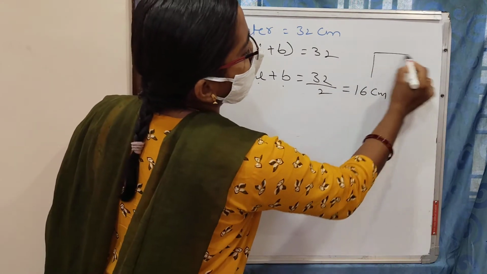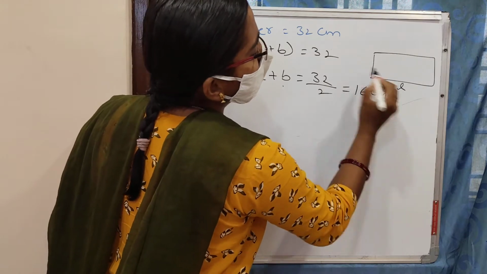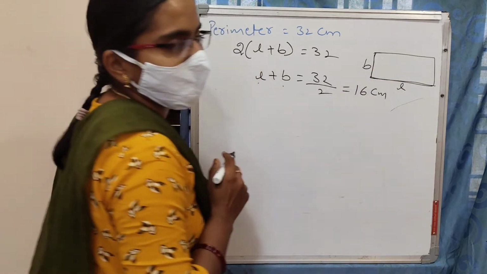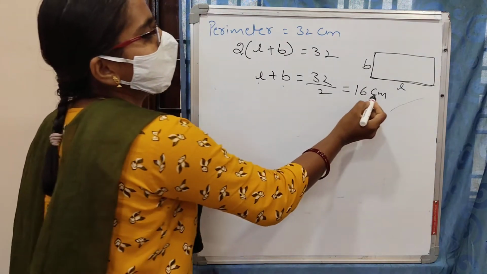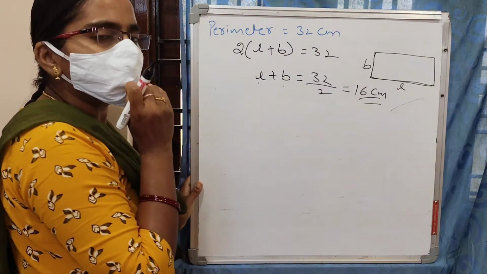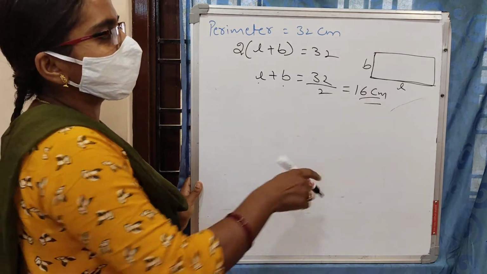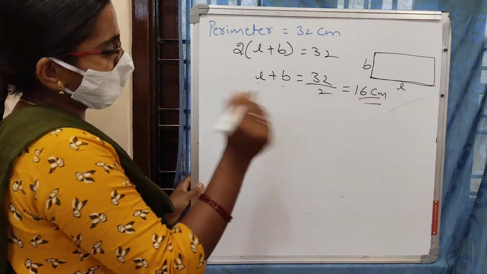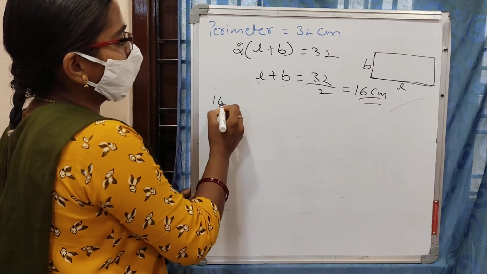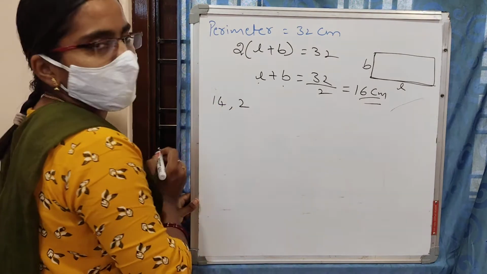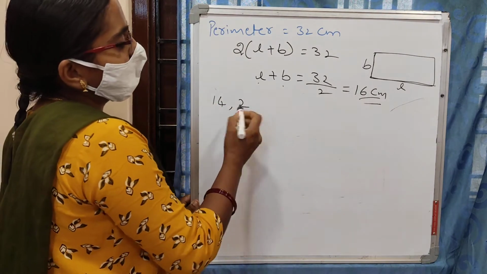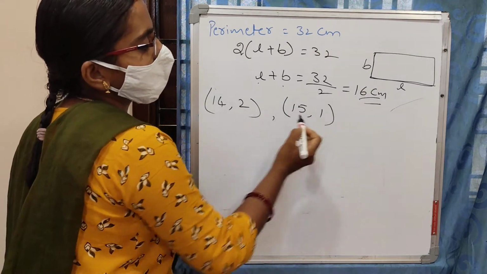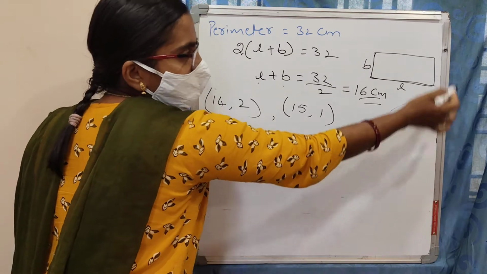So if you take a rectangle, its length plus breadth total is 16 centimeters. How many rectangles can we draw when the length and breadth total 16? I am taking length as 14, breadth as 2. That is a rectangle. Otherwise take 15, 1: length 15 centimeters, breadth 1 centimeter.